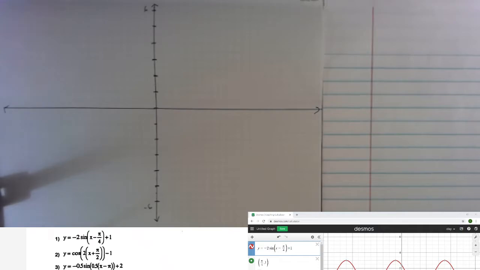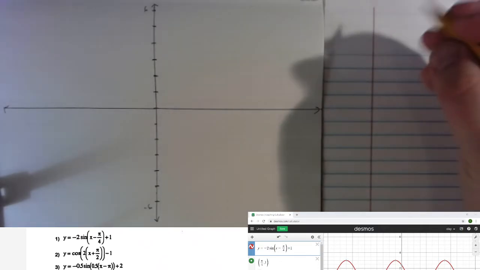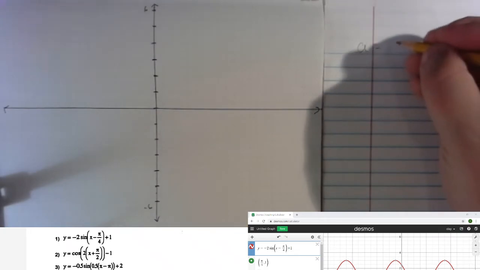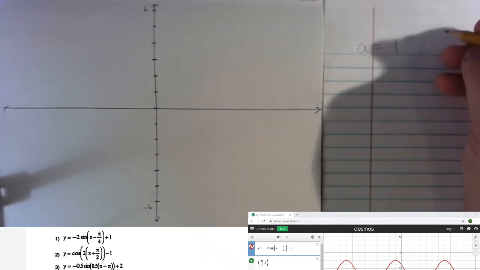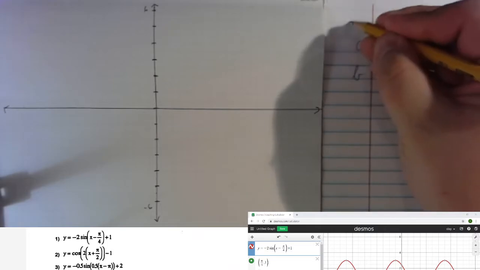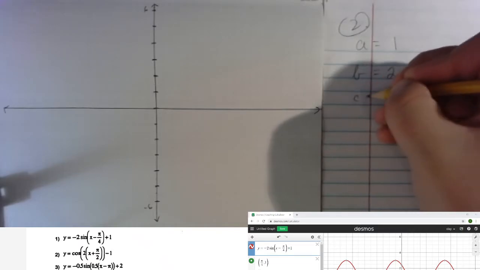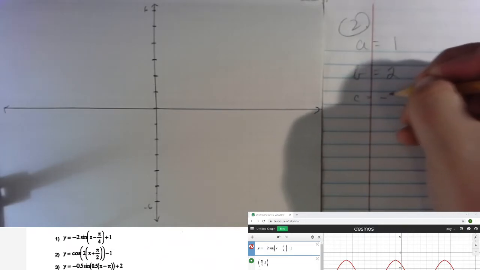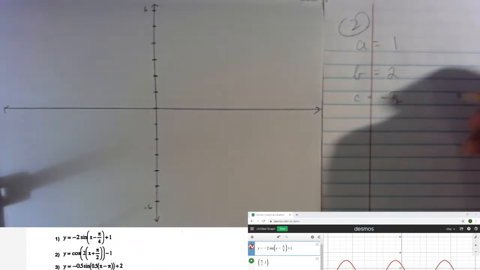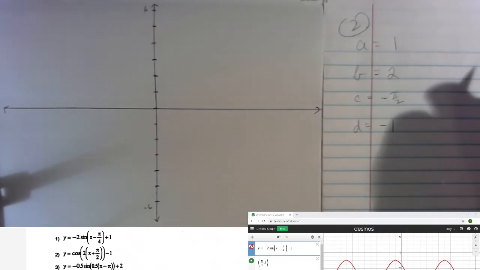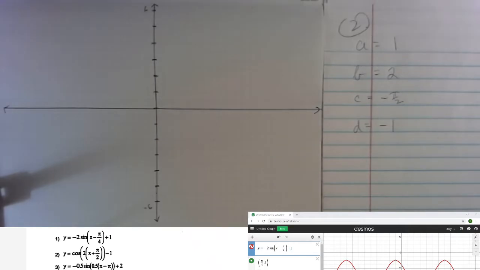Okay, so for number 2, let's see what we got. We have an A value of just 1. So the amplitude on this one's just going to be 1. We have a B value. This is number 2, by the way. We have a B value of 2. We have a C value of negative pi by 2. And we have a D value of negative 1. So let's see what we can do with that.